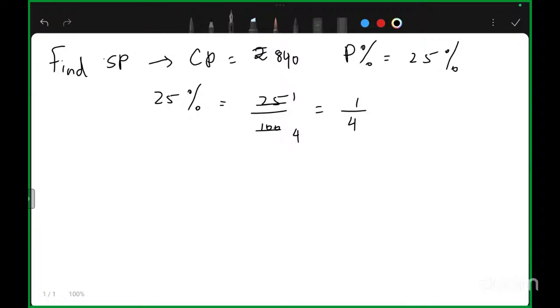To calculate profit, it is 1/4 or 25% of cost price. So profit is equal to 1 upon 4 of cost price. Now you can cancel this with 2, 2 twos are 4, 2 ones are 2.